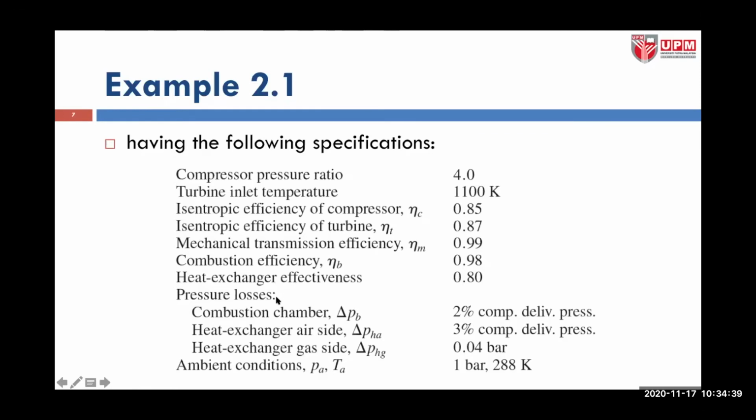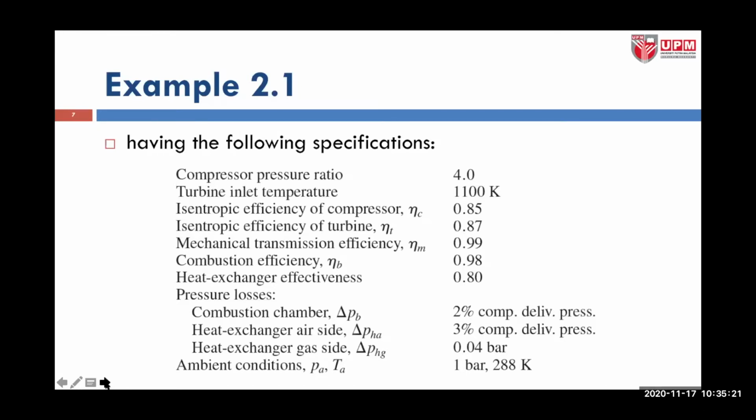They also provide the pressure losses: combustion chamber pressure loss ΔPB, 2% of the compressor delivery pressure, and heat exchanger air side ΔPHA, A standing for air side, 3% of compressor delivery pressure, and heat exchanger gas side ΔPHG, 0.04 bar, and given the ambient conditions PA and TA to be 1 bar and 288 Kelvin.